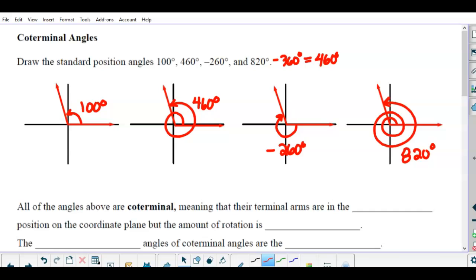So these all have the same initial arm, same terminal arm. So all of these angles are coterminal. So their terminal arms are in the same position on the coordinate plane, but the amount of rotation is different.